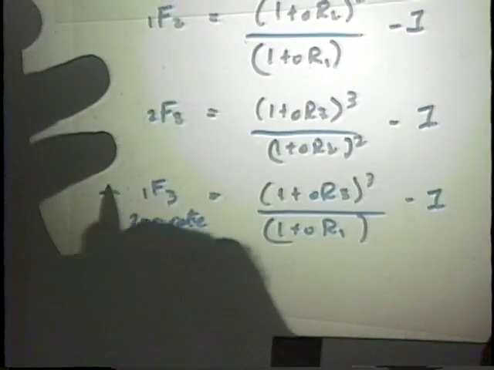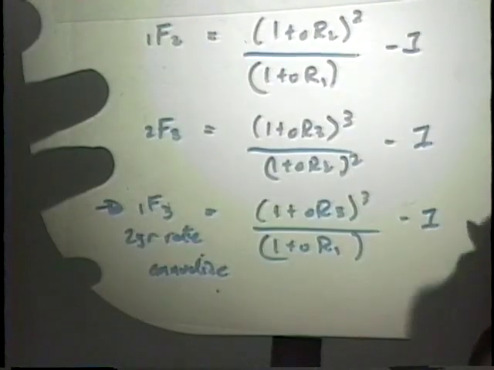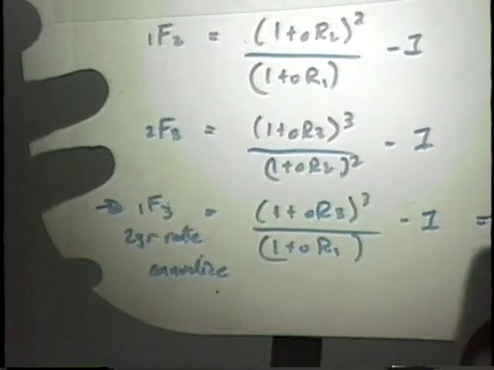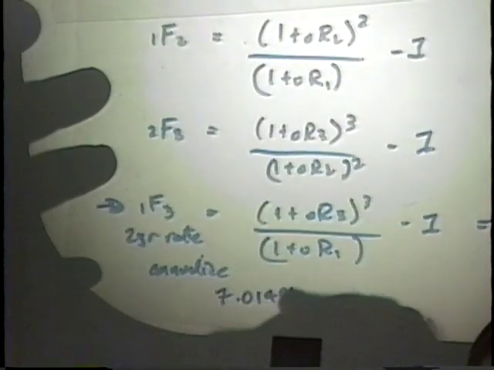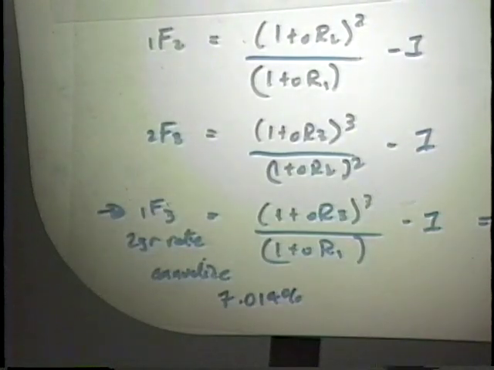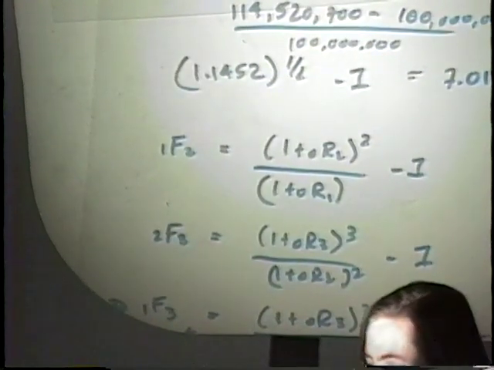And lo and behold, when we do that, this is going to equal 14.52%, and the annualized is 7.014%. Exactly what we calculated before. So 1 plus the rate, square root, subtract 1. Exactly what we got on our other calculation.